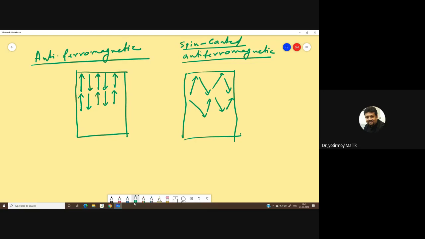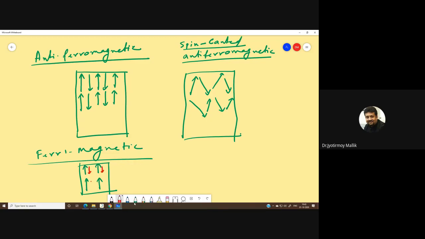And then there is another called ferrimagnetism. Ferrimagnetic material. And this is when it reaches saturation. What we observe here are oppositely directed magnetic moments, but one set of moments is higher in magnitude than the other.